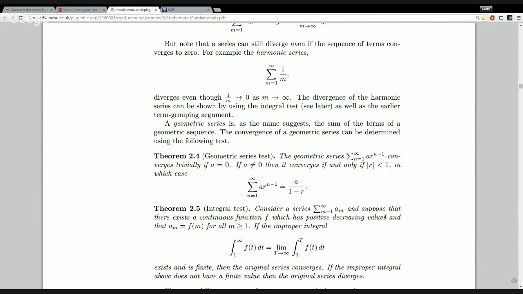So if a is non-zero, this series is clearly divergent. You're adding a plus a plus a plus a. So no matter how small a is, this is still going to grow without any bound. It's going to get larger and larger and larger, in the positive direction if a is positive, or in the negative direction if a is negative. So this is clearly divergent.